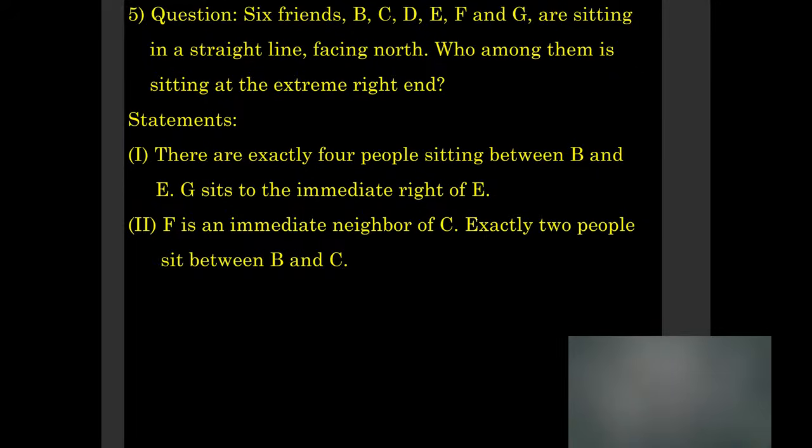Okay, let us check how to do. The question says that there are six friends B, C, D, E, F, G sitting in a straight line facing towards north.